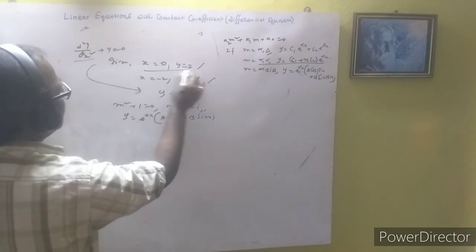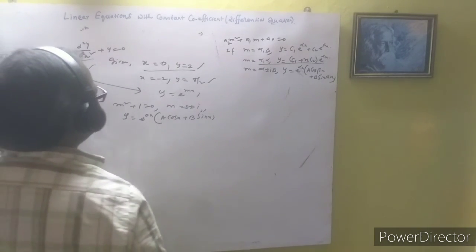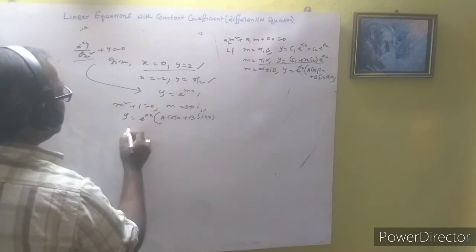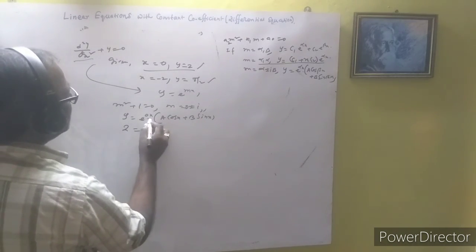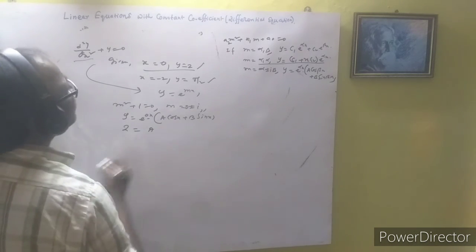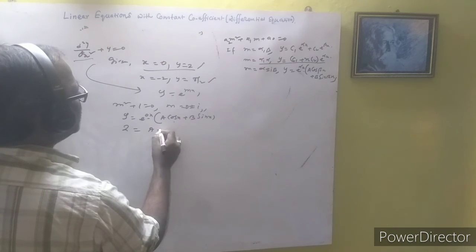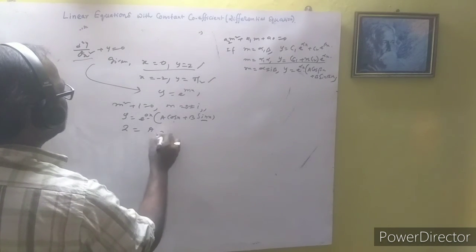So put this point here in this equation, x is 0, and y is 2 here. So a cos 0 means a, and b sin 0 is 0. So a is 2.